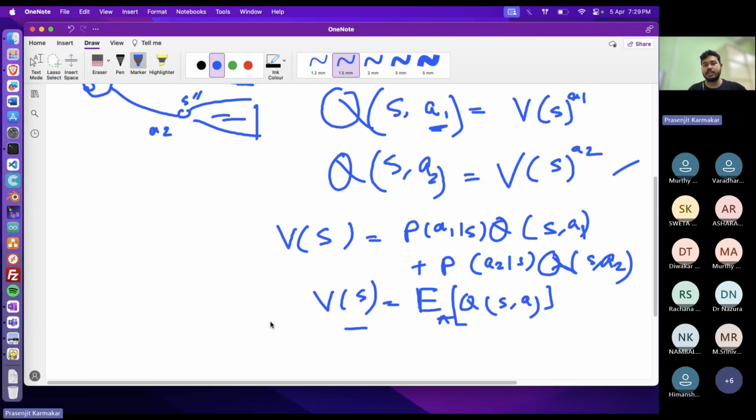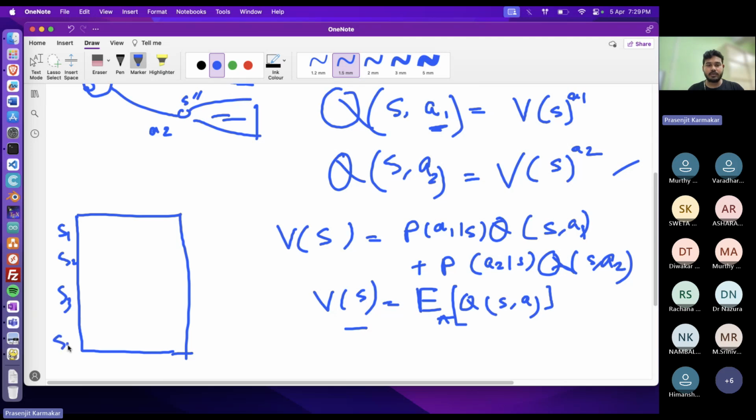So the Q function is nothing but the value if you take action A1 and the value if you take action A2, and you can define it as a table for all possible states. If you know the possible states and actions, let's say there are four states S1, S2, S3, S4 and two actions A1 and A2, it's basically a 4 by 2 matrix of how much value you observe at each state.